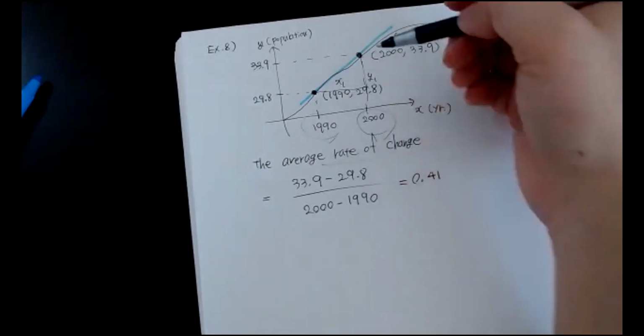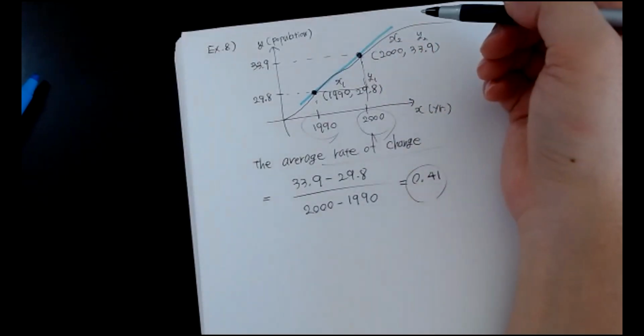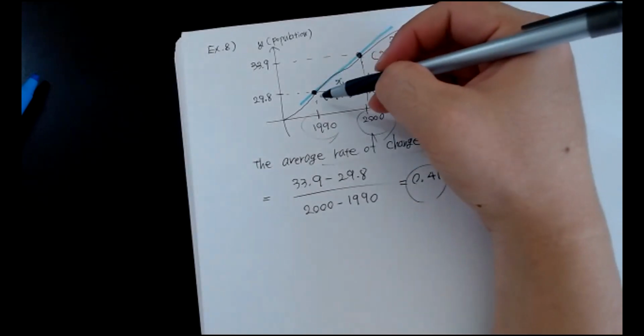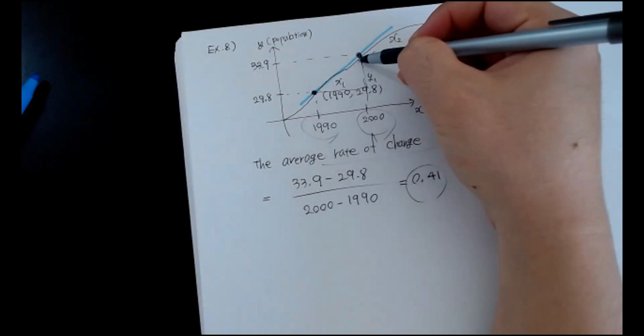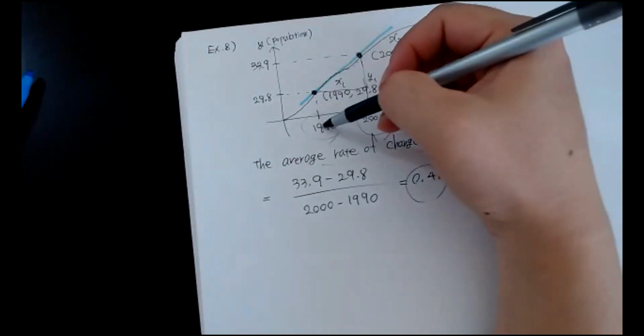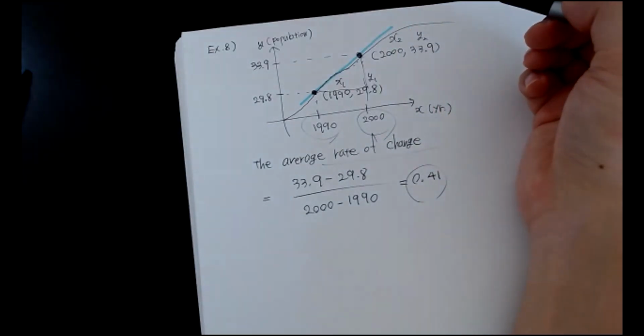But that 0.41 doesn't represent the actual rate at any point, just the average rate from 1990 to 2000. But I want to generalize this.